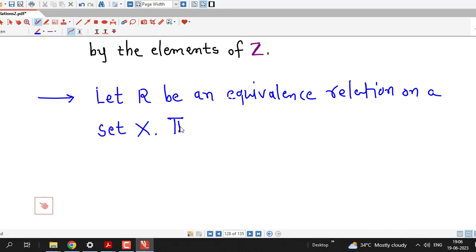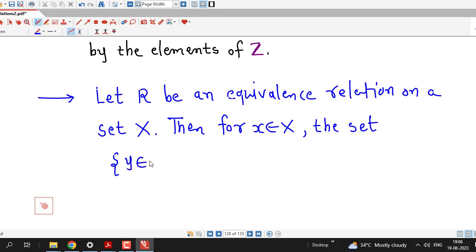Then for an element small x in capital X, we consider those elements of the given set X which are relatives of x, that is, y belongs to X such that x is related to y.